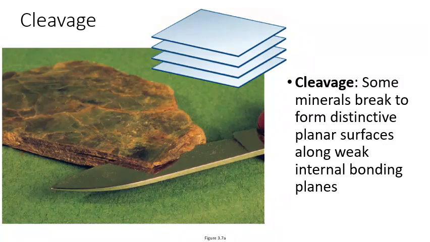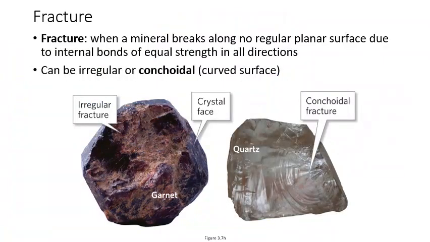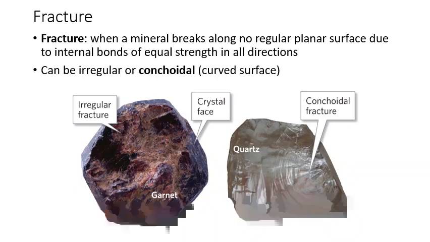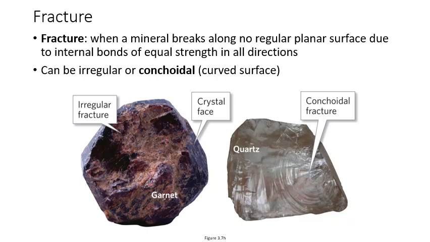Fracture is when a mineral breaks along no regular planar surface due to internal bonds of equal strength in multiple directions. So the idea is minerals with cleavage break along their cleavage planes, but minerals with irregular fracture break in irregular patterns.